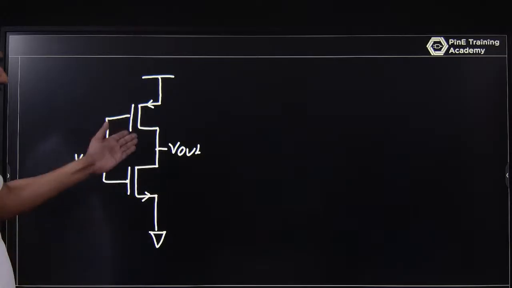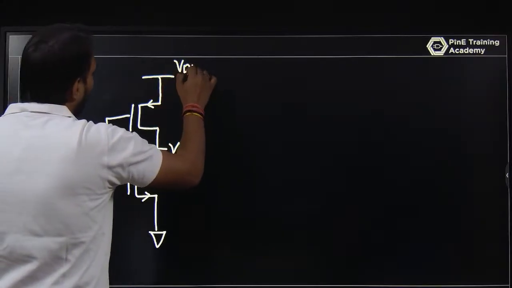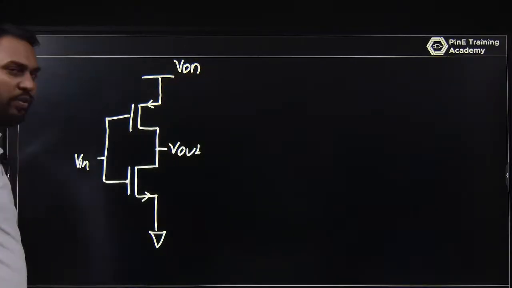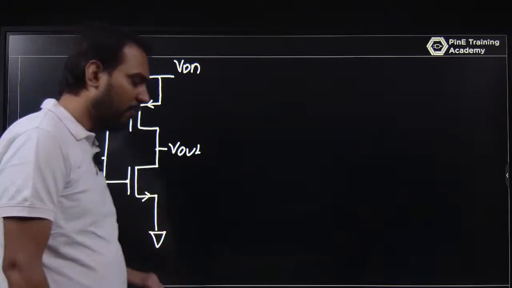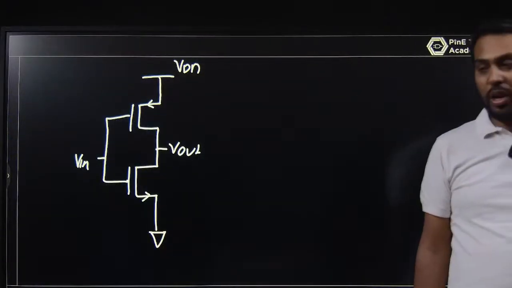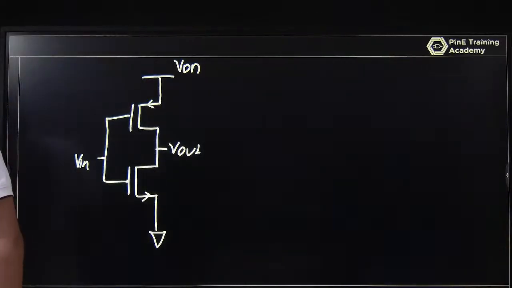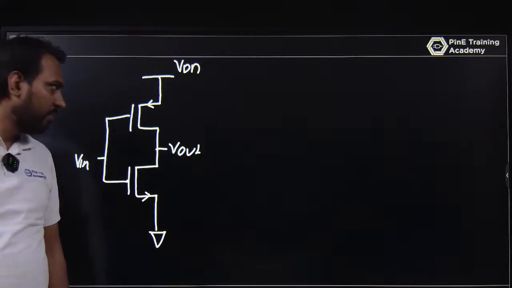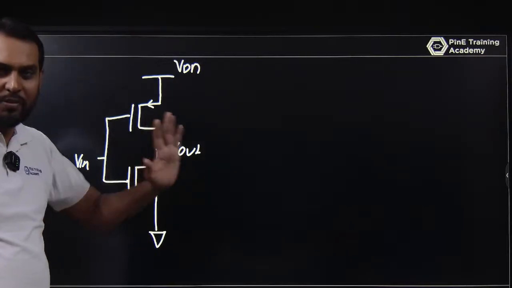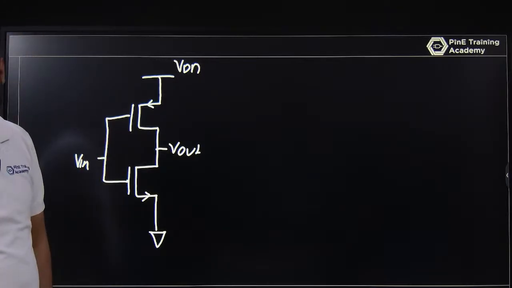The load is active and I am using a PMOS here, and the gate is common as Vin. We know that is an inverter, a CMOS inverter. But when you talk about analog circuit design, this is a common source amplifier with active load. If you talk about digital, this is an inverter only.